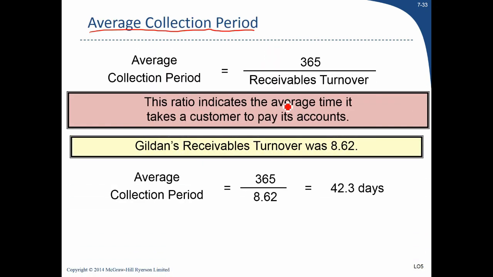If you take that ratio and say, well, there's 365 days in a year, and we collected 8.6 times, that means on average, our accounts receivable were outstanding for 42.3 days. So the relationship between the 8.62 and the 42.3, this is not days, this is just a unitless ratio, right? But this 365 days, this is in 1 year, okay?